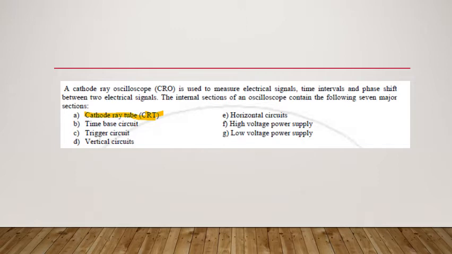Then to add signal, another thing is the time-base circuit. And to synchronize these two, we have used the trigger circuit. Then we have vertical circuit arrangement, then horizontal circuit arrangement, and of course power supplies: high voltage power supply, low voltage power supply, and so on.